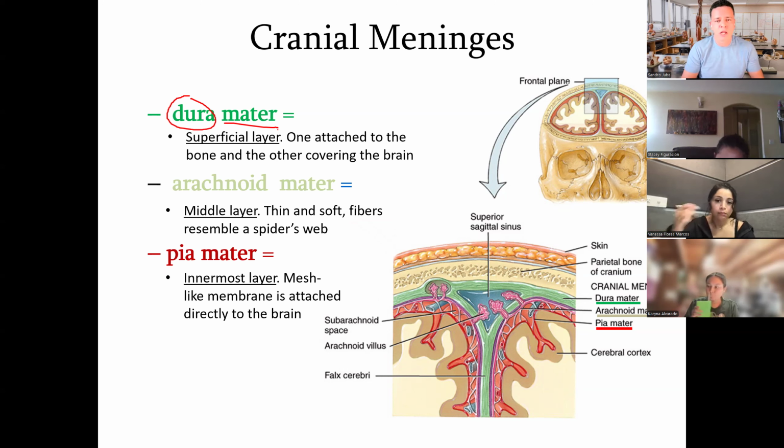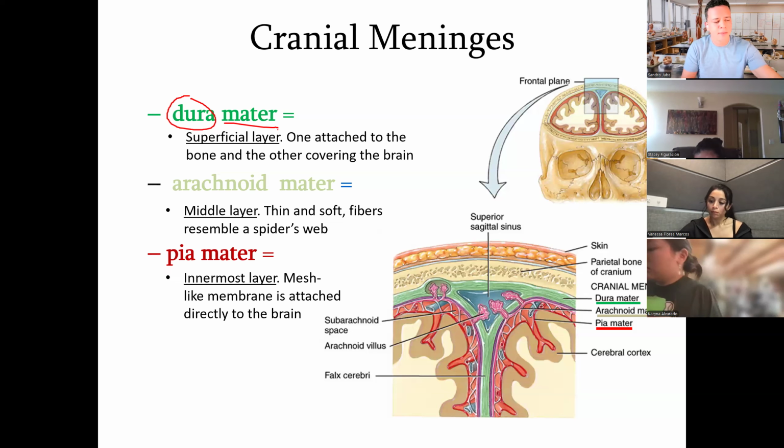And it could be the cranial meninges or it could be the spinal meninges. And this inflammation could be caused by a bacterial infection. This is what we call bacterial meningitis. Or it could be caused by a viral infection, and we would call it viral meningitis. Any questions, guys?